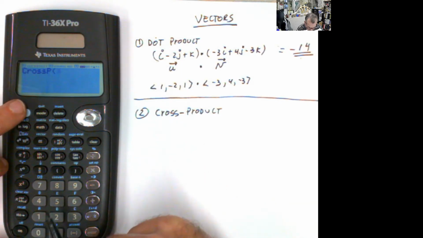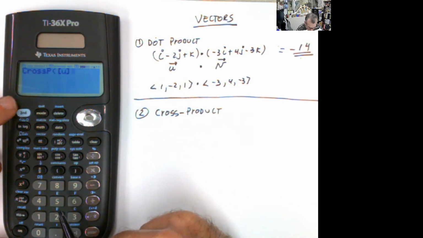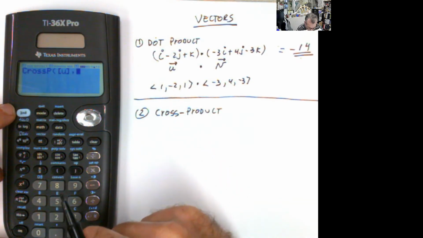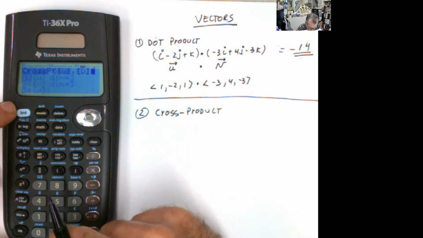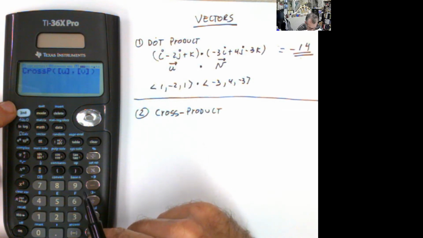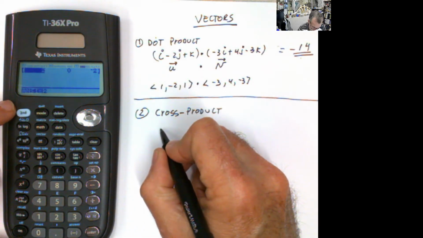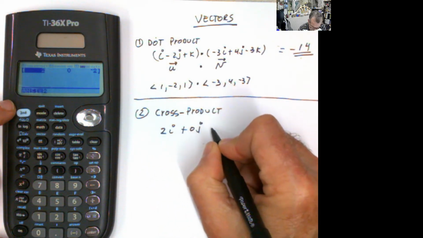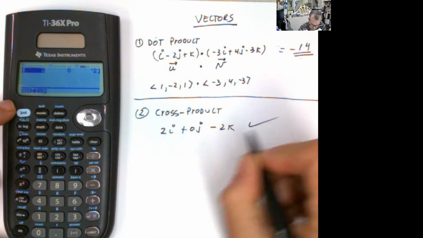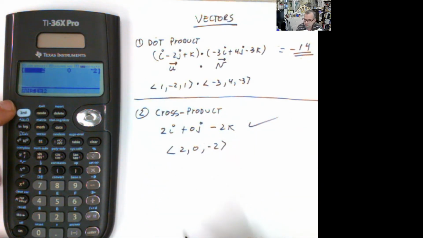Cross product of the vectors u, vector again, first vector u, comma, second vector, vector again, vector v, close parentheses, and that will be the result of the cross product, which is just 2i plus 0j negative 2k, or 2, 0, negative 2 as you want.